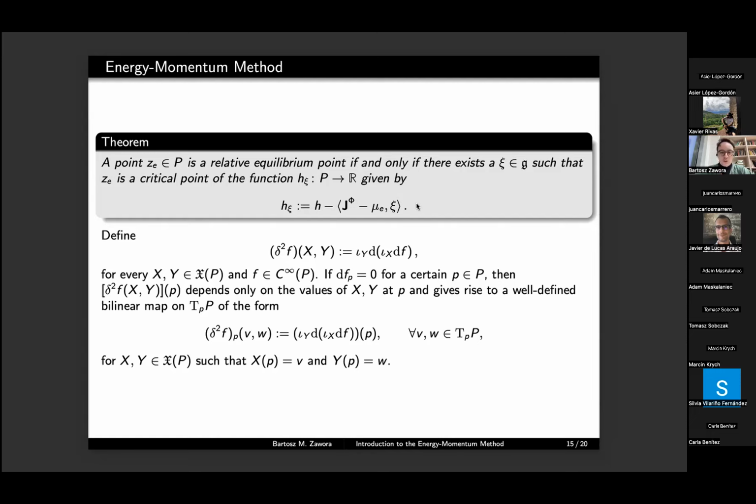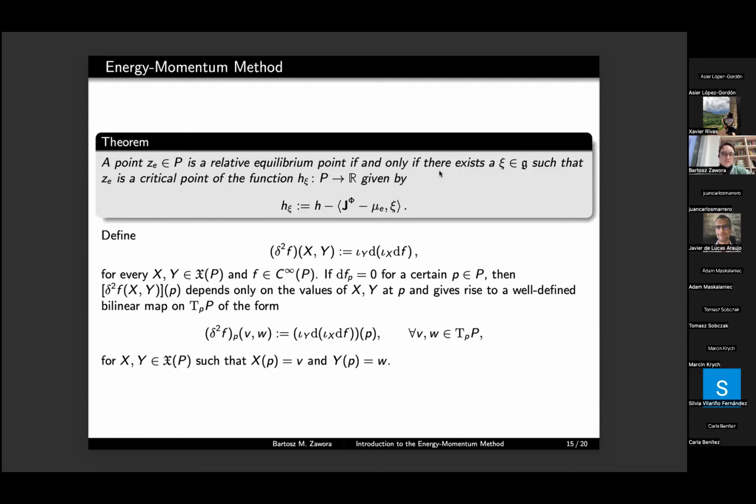We are looking for the critical points of the extended function defined on the initial symplectic manifold, and this is one of the main advantages of the energy momentum method, since it doesn't require, especially in some more complicated examples, using the whole machinery of the Marsden-Meyer-Weinstein reduction, which is, by the way, very nice, but in terms of computations, it may happen that it very quickly gets complicated and sometimes even unbearable.